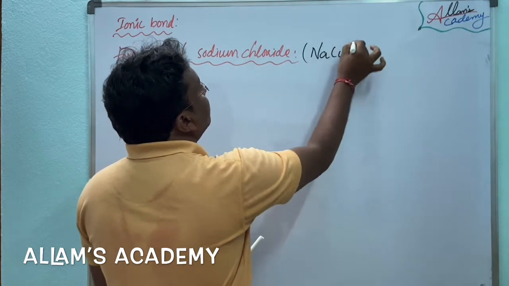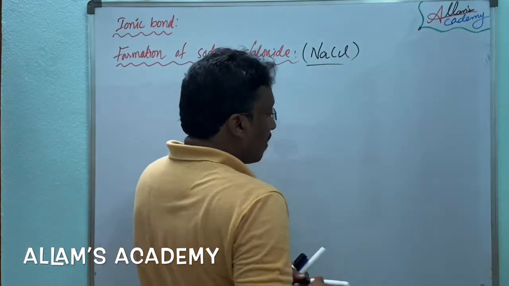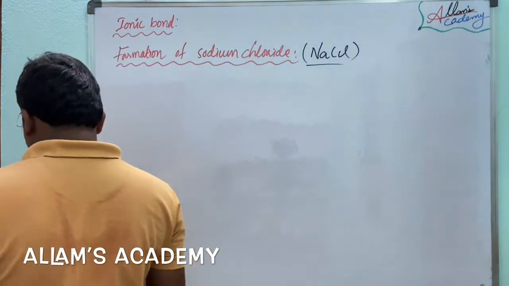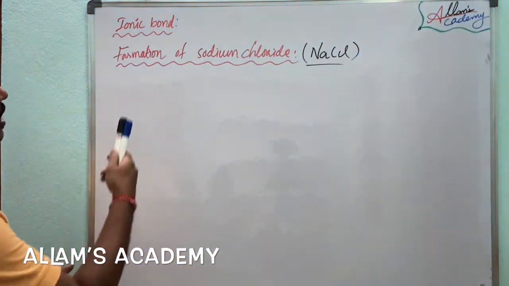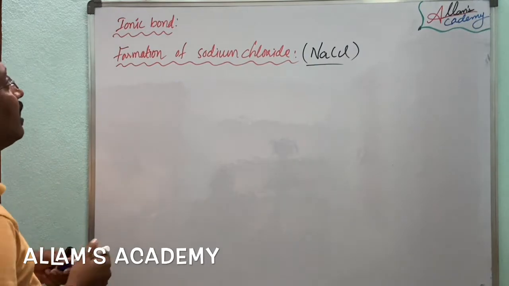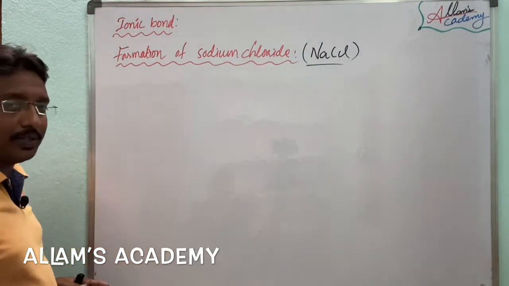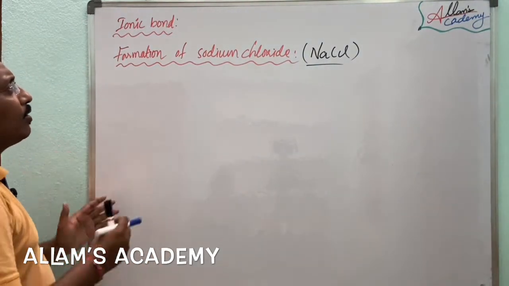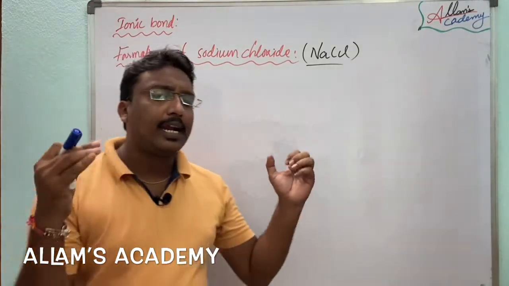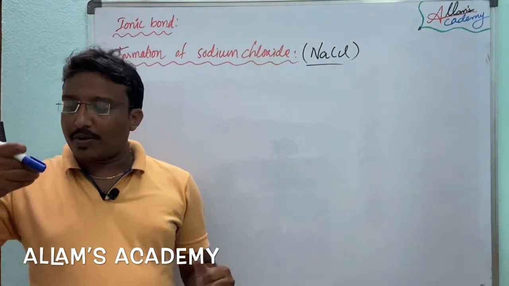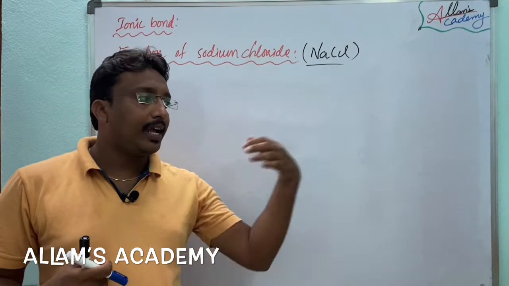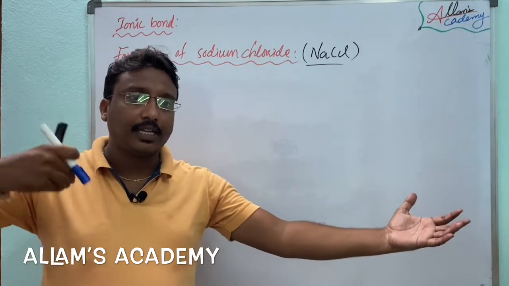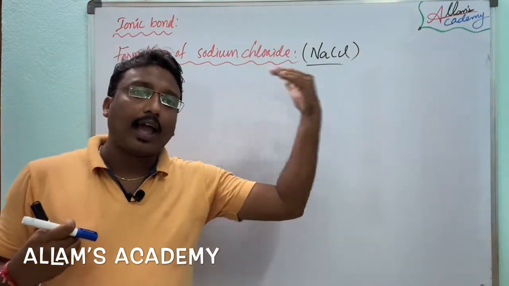Then how bond formation takes place in sodium chloride, we are going to discuss now. Here we know that an ionic bond can take place between one positive ion and one negative ion, that means between a cation and an anion.